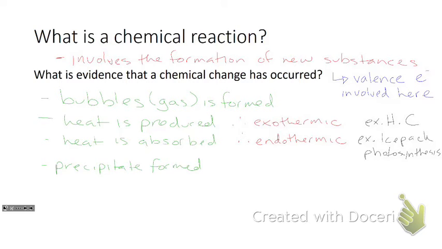Changing color, yes, so two more: a change in color, and/or an odor can be produced. Make sure you are able to recall at least 3 pieces of evidence that a chemical change has occurred. You need 3.